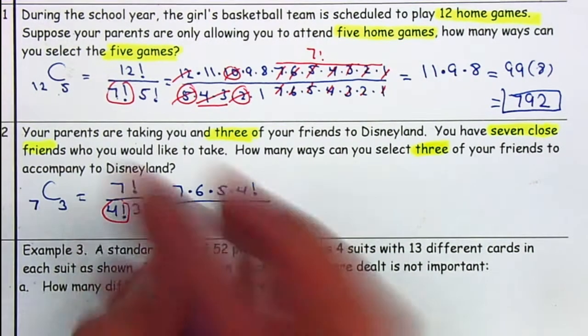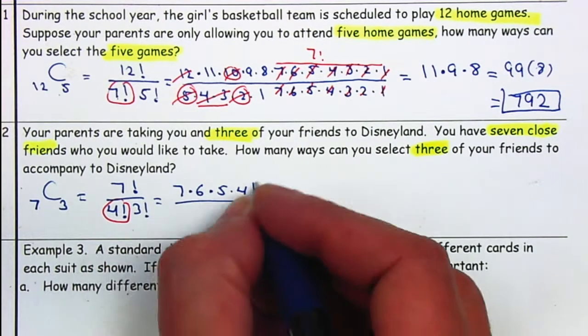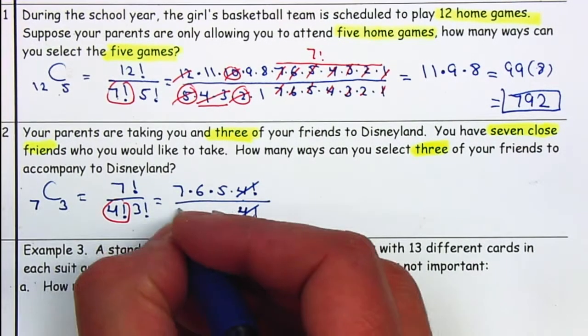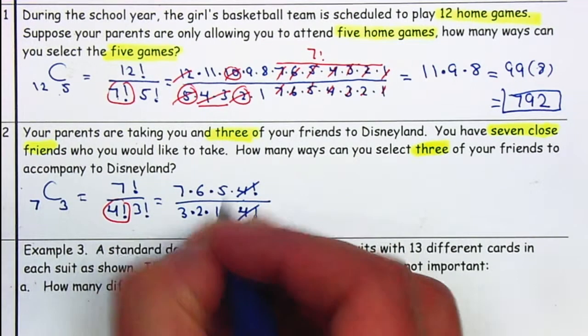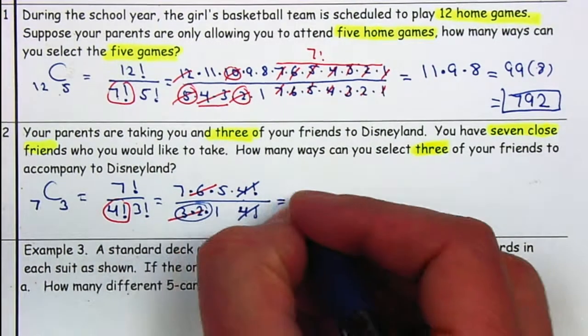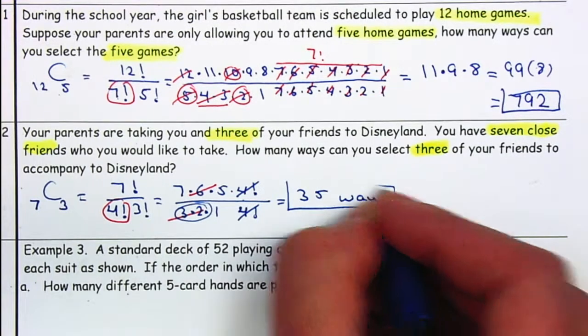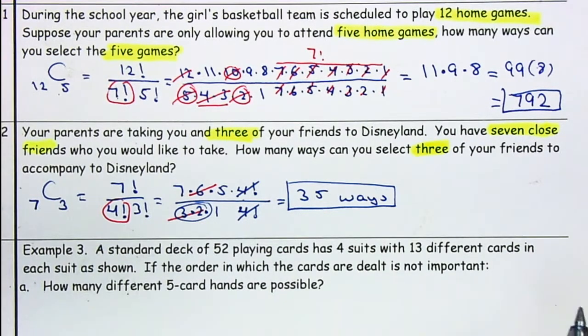Because I'm going to place this 4 factorial right underneath, it automatically cancels. And I still have my 3 times 2 times 1. 3 times 2 is 6, so that will cancel. 7 times 5 will be 35. So there are 35 ways that you can select 3 out of your 7 friends.